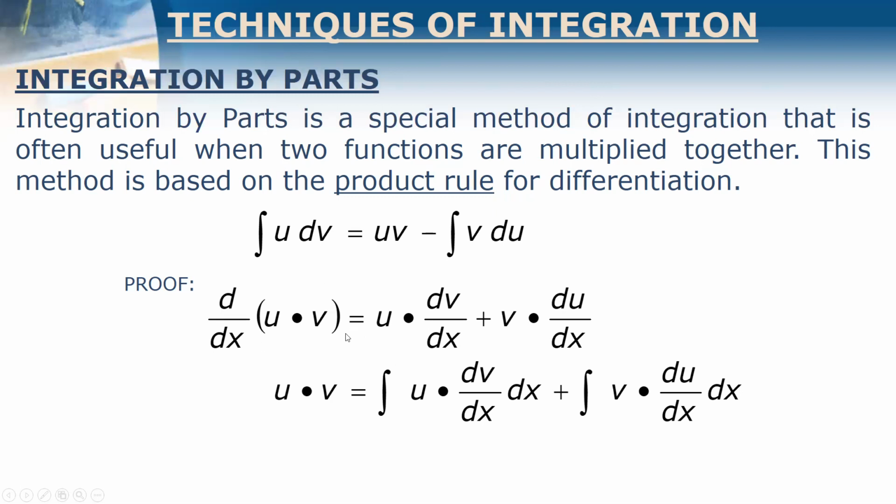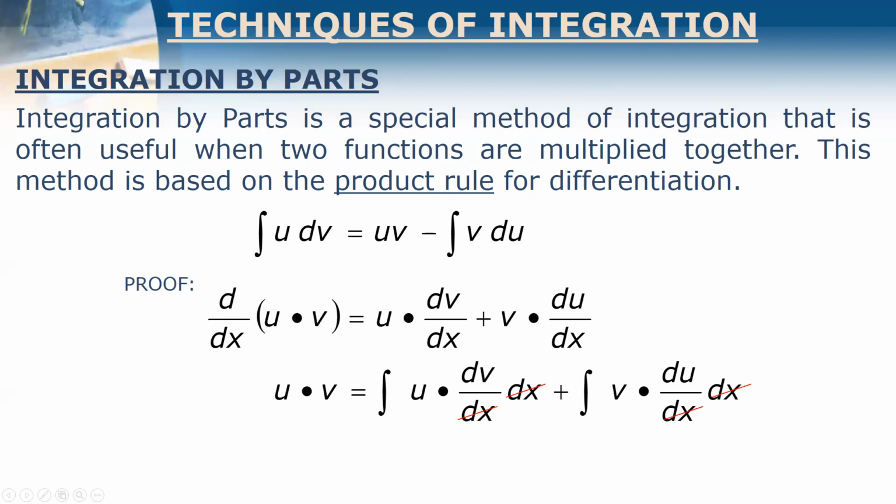So, the integral of the derivative of uv, multiplied by dx on both sides, is u times the derivative of v with respect to x times dx, and then the second one, v times the derivative of u with respect to x times dx. So dx will be cancelled.